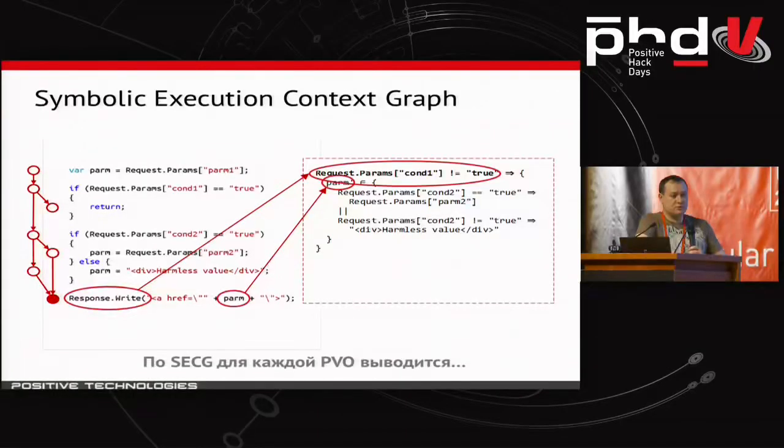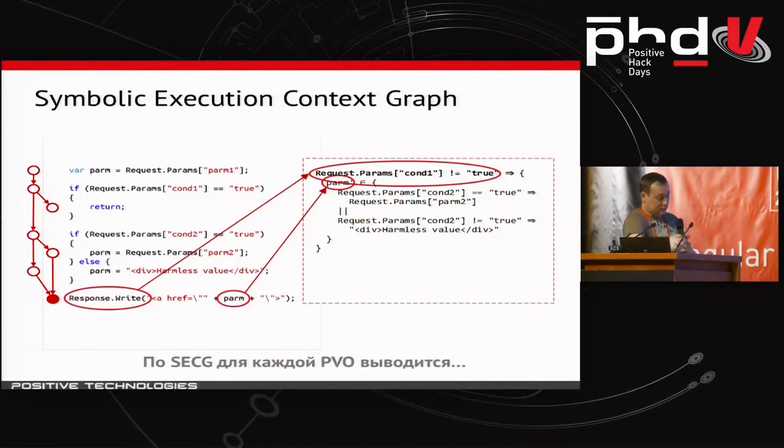So the way we work with this graph, how we build it and optimize it, is our know-how that you will never know at the conference in September. But still, from the math point of view, at any moment this graph is going to be available. We can build any part of this graph within acceptable time and then somehow work with it.